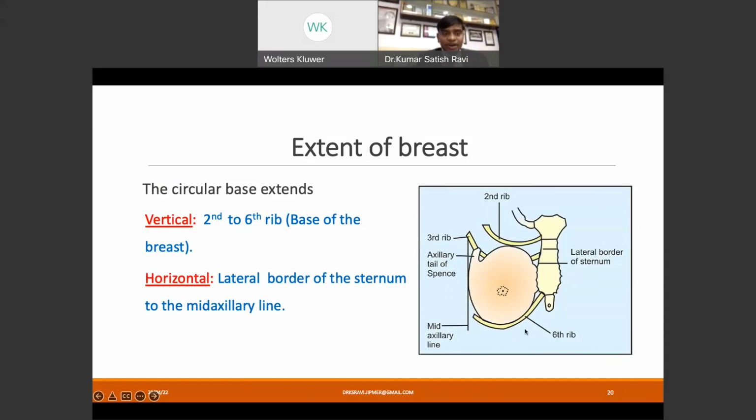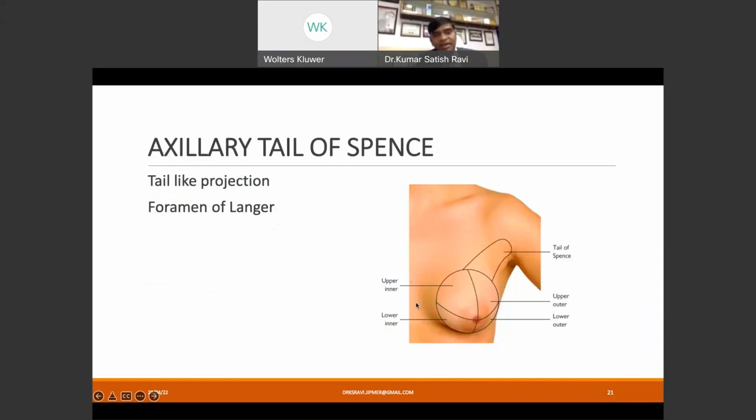Now, in the next diagram, this is about the axillary tail of Spence. So the question arises, what do you mean by the axillary tail of Spence? It is a tail-like projection, you can see in this diagram, which extends from the upper and outer quadrant of the breast.